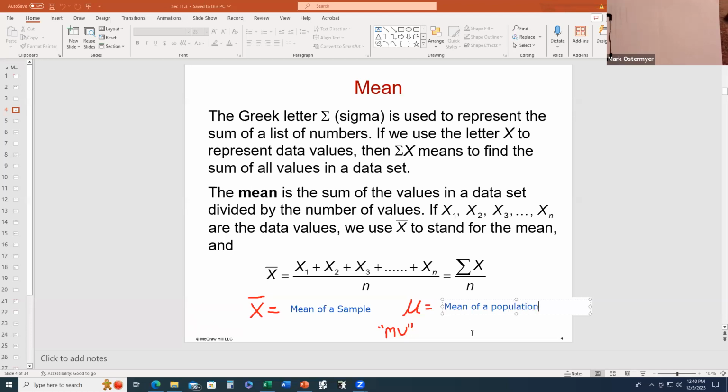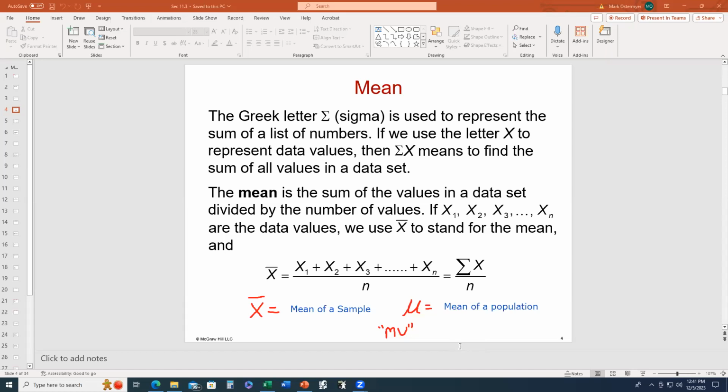Now, what's the difference between a sample and a population? Did I indicate that to you? The difference between a mean of a population and of a sample? Does anybody recall me having indicated that to this class or not? Does anybody want to take a guess as to the difference between a population versus sample?